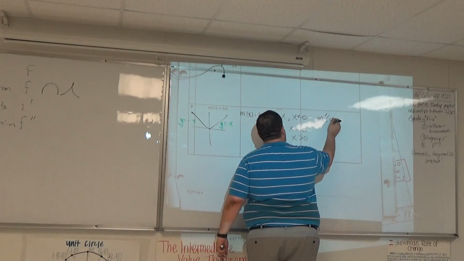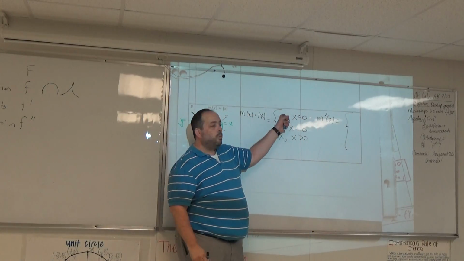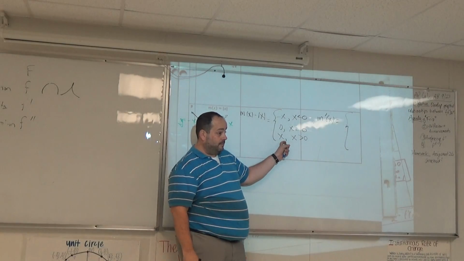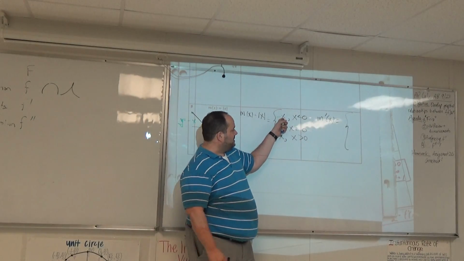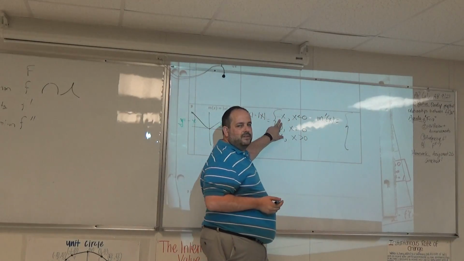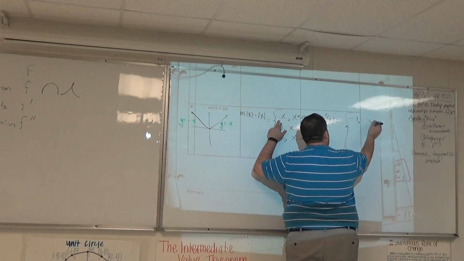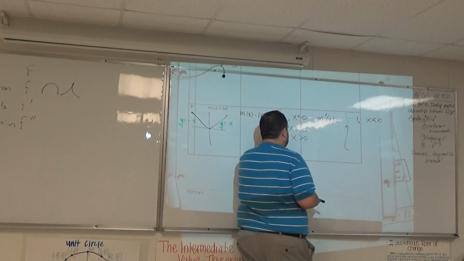So let's take the derivative. The way I take the derivative of a piecewise function is one piece at a time. The derivative of negative x has to be negative 1, so this is negative 1 if x is less than 0.